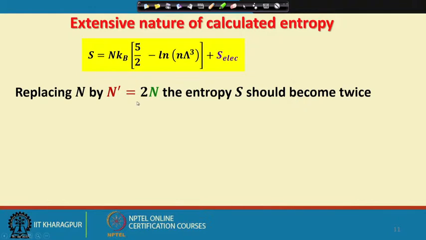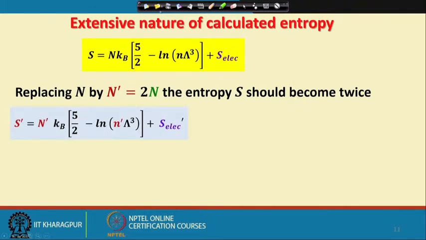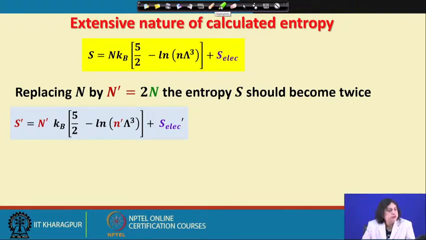So, if this is the expression for S, then we write down the expression for S', where I am replacing N by N'. Obviously, the number density small n is represented by small n', and S electronic is also becoming S' electronic.